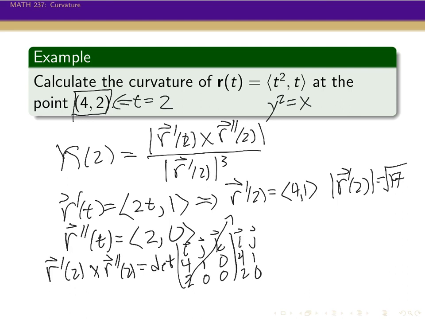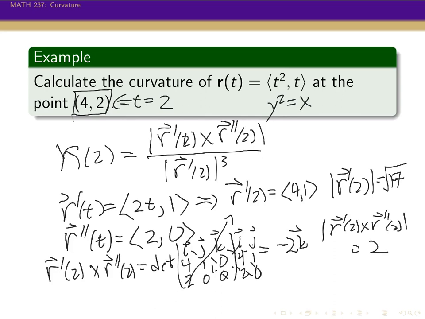All the other ones have a 0 in them in some way. And so the value of this cross product is going to be, since this is a diagonal going up, negative, so it's minus 2k. And so the magnitude of this is 2.